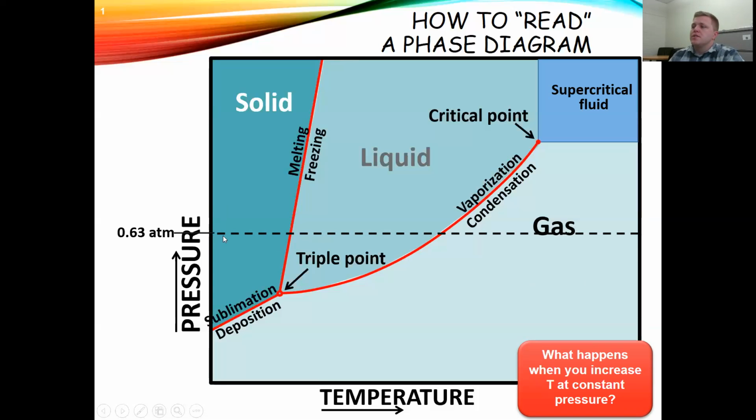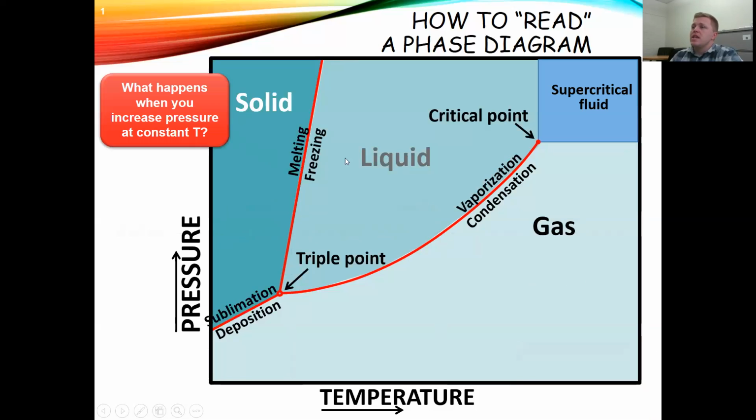As we increase from 0, we'll hit a point where we cross this melting-freezing line. This is where our substance will melt, so this is our melting point. As we continue on, we'll hit this other red line that separates vaporization and condensation. This is our boiling point, or our boiling temperature.